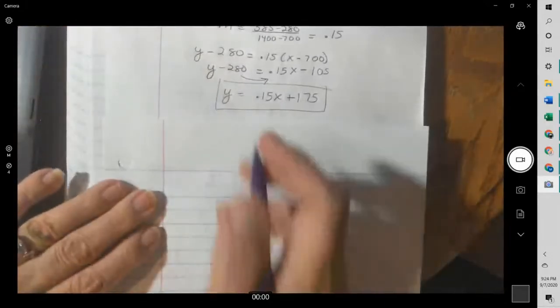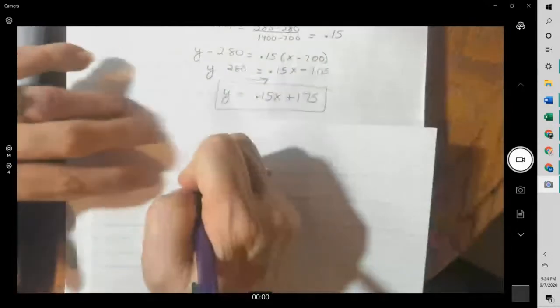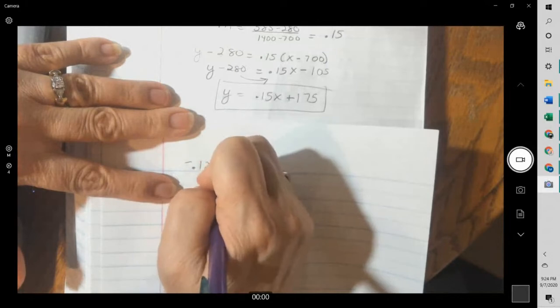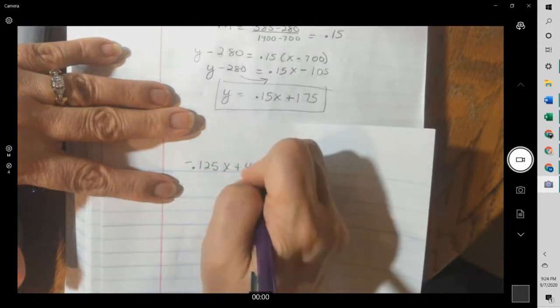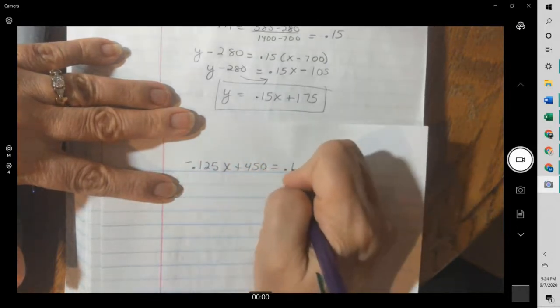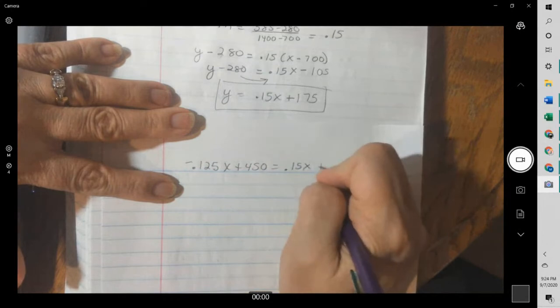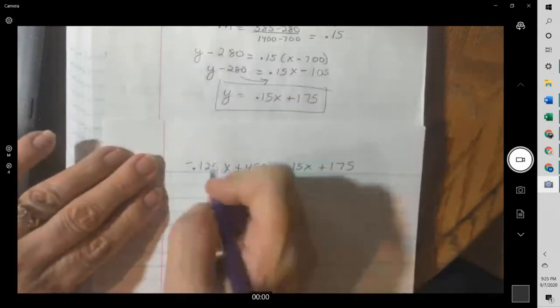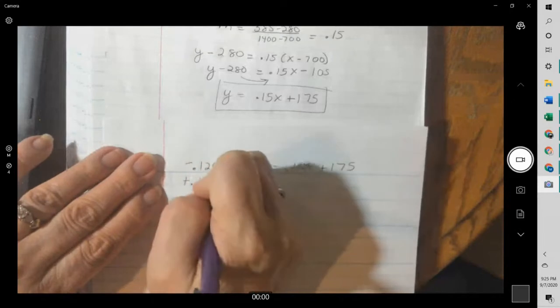I'm going to run out of space, so I'm just getting another sheet. When we set them equal, 0.125x plus 450 equals this. I'm going to add this to the other side.